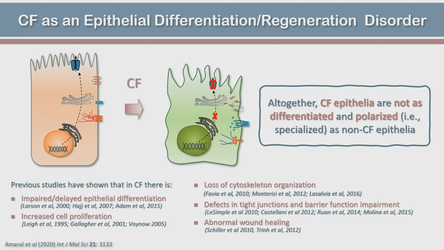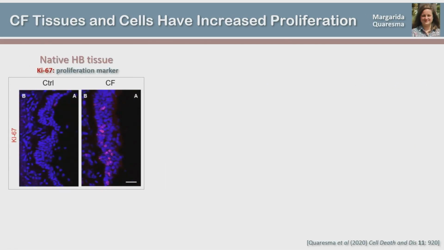So altogether, this data indicate that CF epithelia are not as differentiated or polarized, because tight junctions and epithelial barrier are, of course, key points in the polarization. So in other words, it's not as specialized as non-CF epithelia.